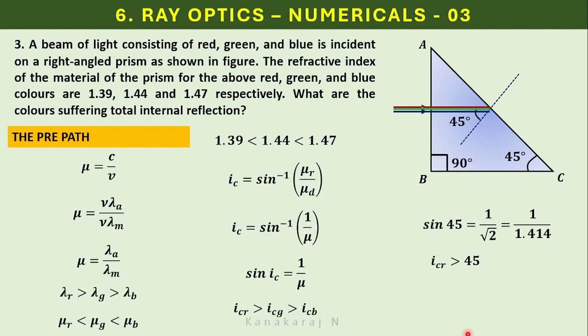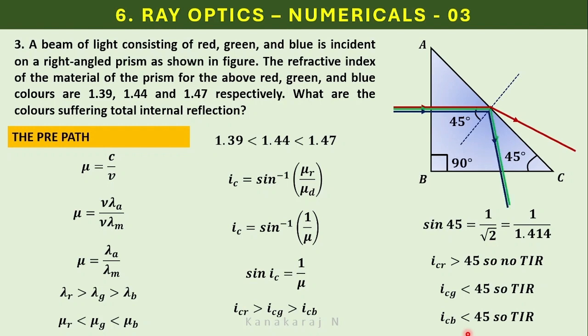So we go for the conclusion. The critical angle for red color is more than 45 degree, so no total internal reflection takes place. It passes to the next medium, whereas the critical angle for green color is less than 45 degree, so the green color undergoes total internal reflection. Similarly for the blue color.